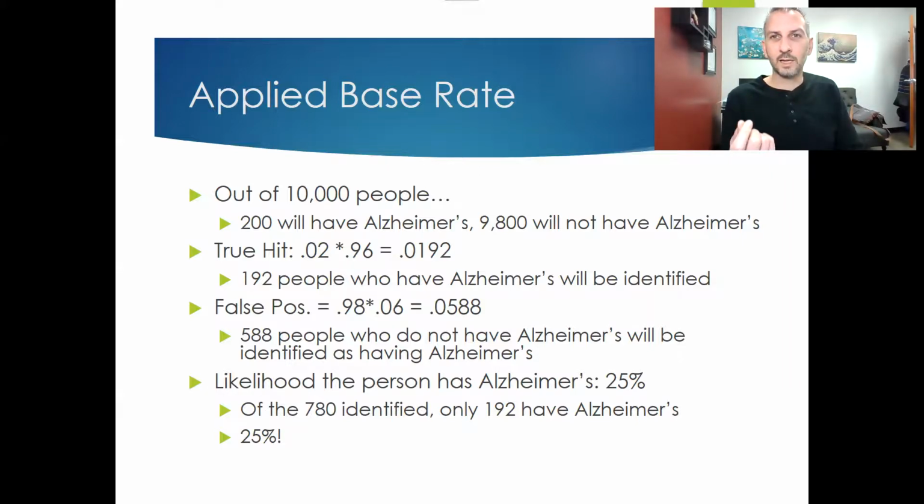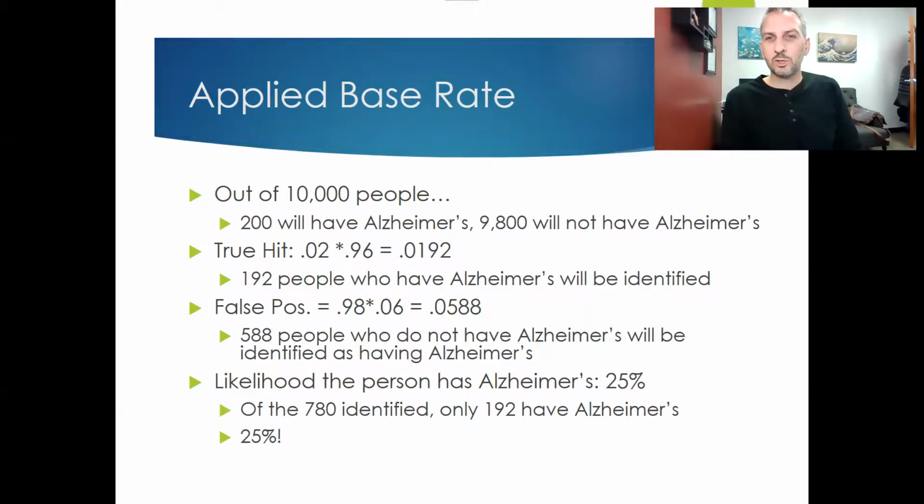If you try to identify a rare condition, and Alzheimer's isn't that rare, but Alzheimer's at 66 is fairly rare, with an imperfect assessment, you're liable to have a lot of false positives. There are ways to work around this. You could raise the bar so that there are fewer false positives, but that means potentially more false negatives.